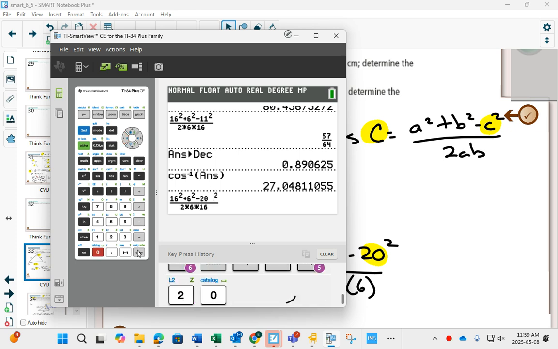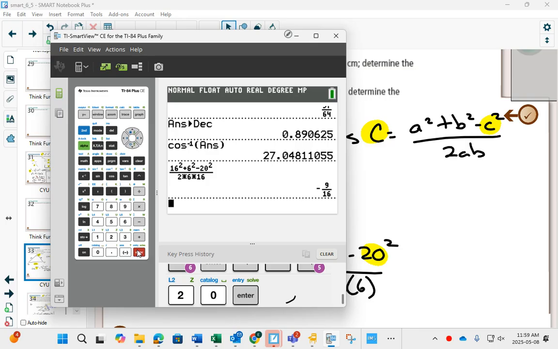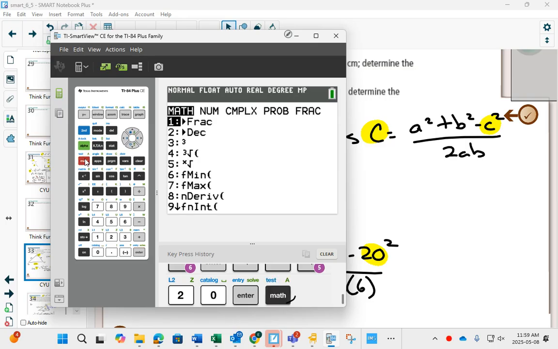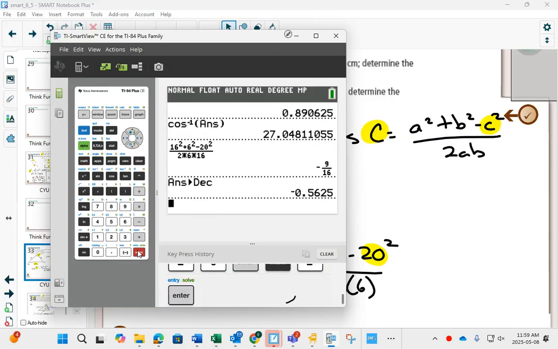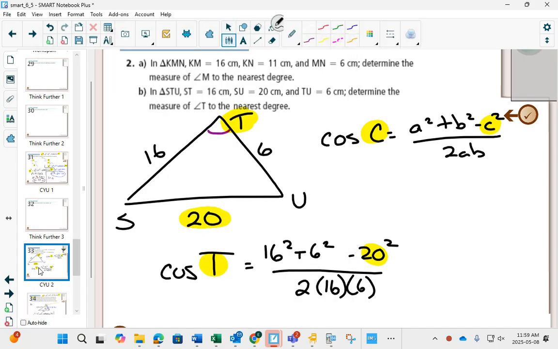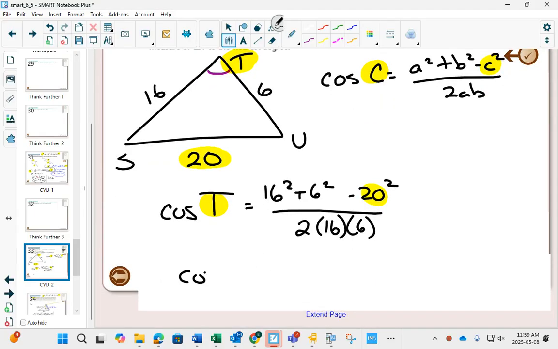So that's nice that I could just retype that. And I get negative 9/16, which as a decimal is negative 0.5625.